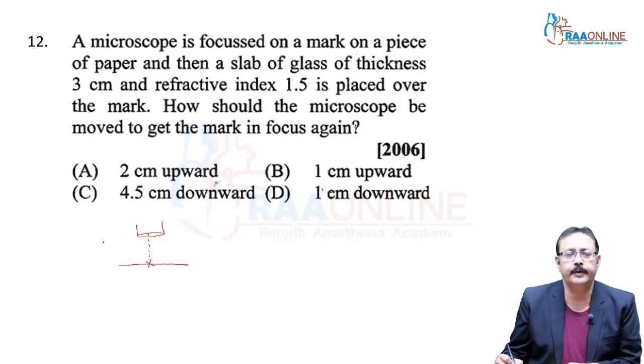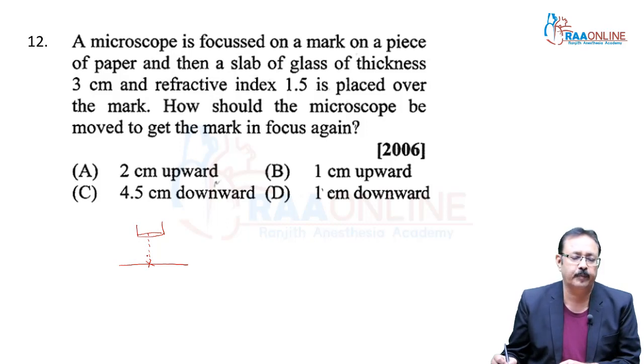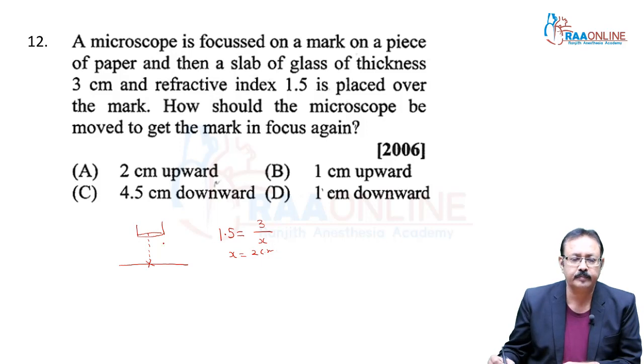But what will happen when you put a glass slab of thickness 3 centimeter? In the glass slab, it will come up. By what distance? We know that mu is equal to real depth upon apparent depth. Real depth is 3. Apparent depth, suppose x.